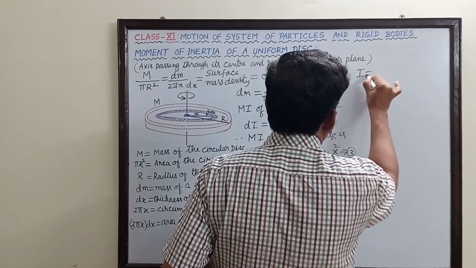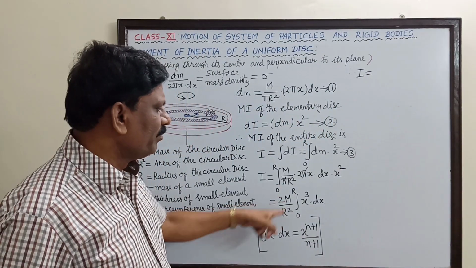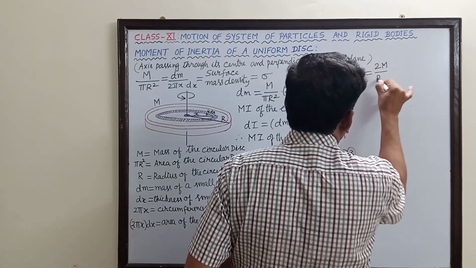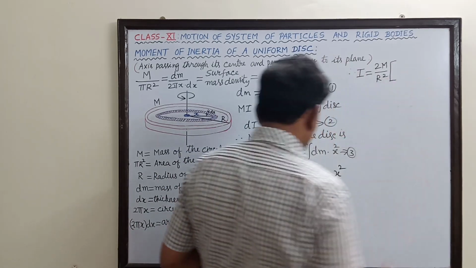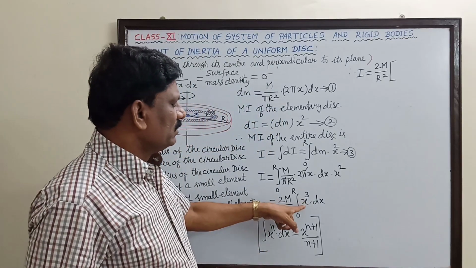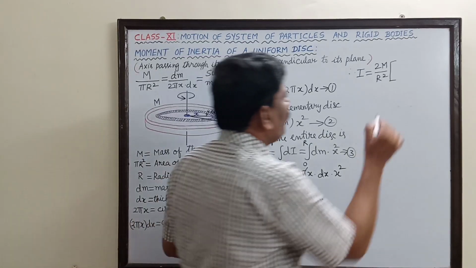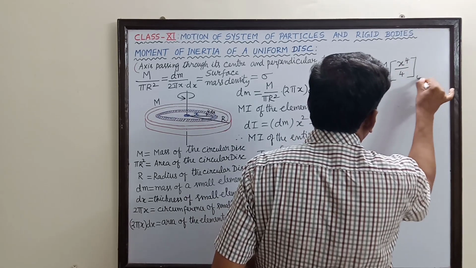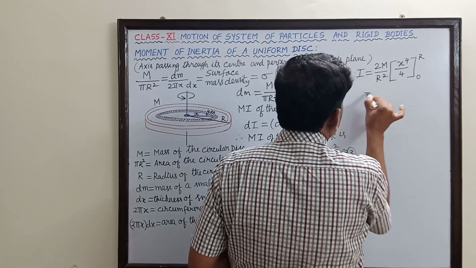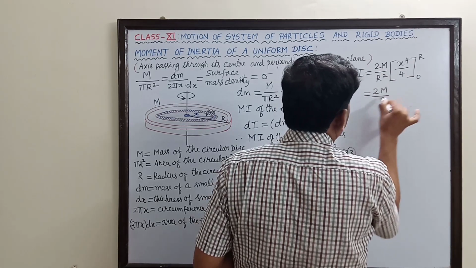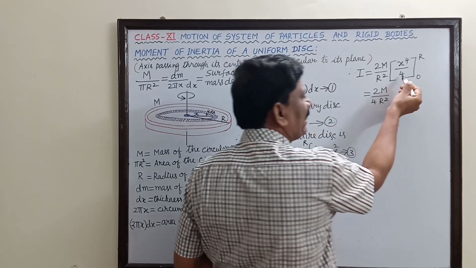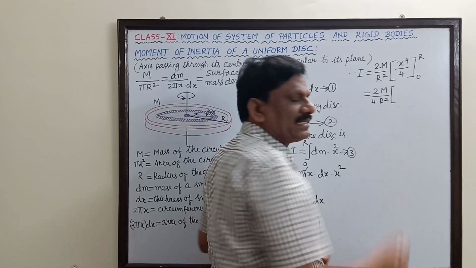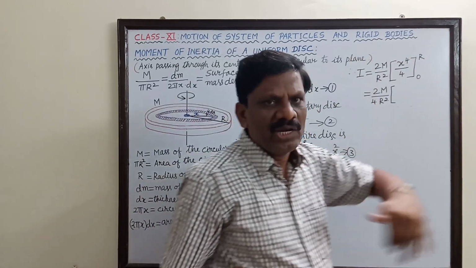Therefore, moment of inertia I is equal to 2M divided by R square into x power 4 by 4 between the limits 0 to R. So, this is equal to 2M divided by 4R square. This 4 is a constant, I am taking that out, into, x takes the upper limit first minus lower limit.